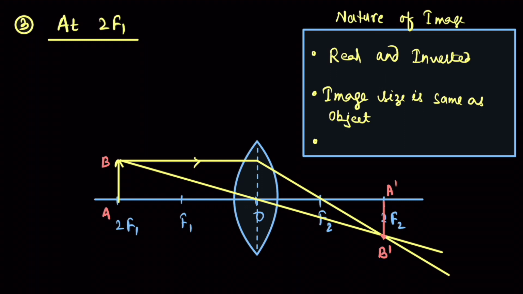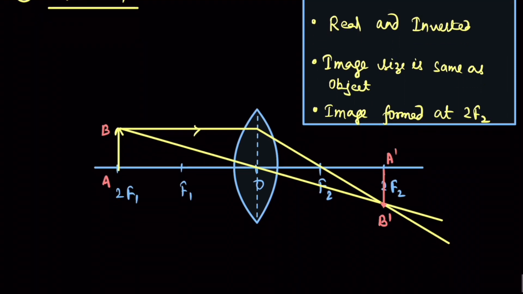And the third is the image is formed at 2f2. So I hope you understood this image formation at 2f1. Let's move to the next one, which is between 2f1 and f1.